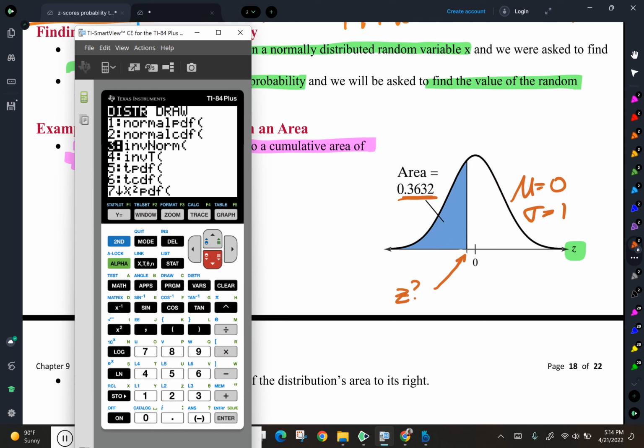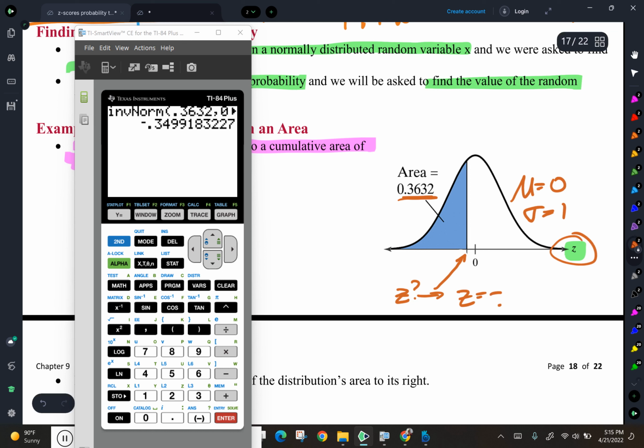The area is 0.3632. It's going to ask me for the mean of my distribution. And since we're doing a z-score distribution, that's going to be 0. My standard deviation is 1. I'm going to paste that back in, and I get that z-score right there is negative 0.3499. And there's my z-score.